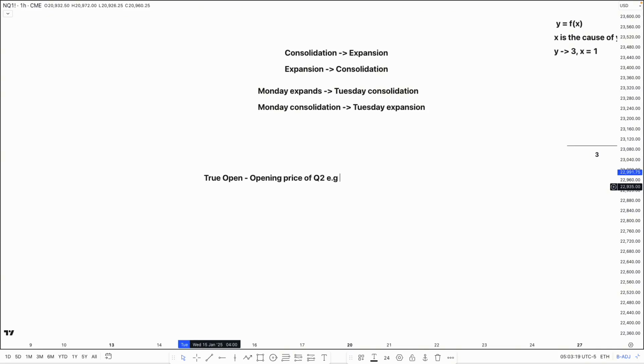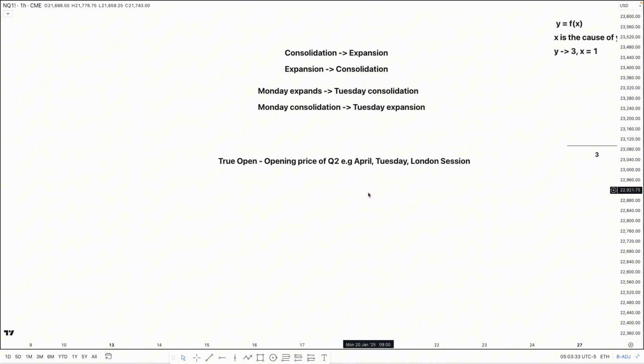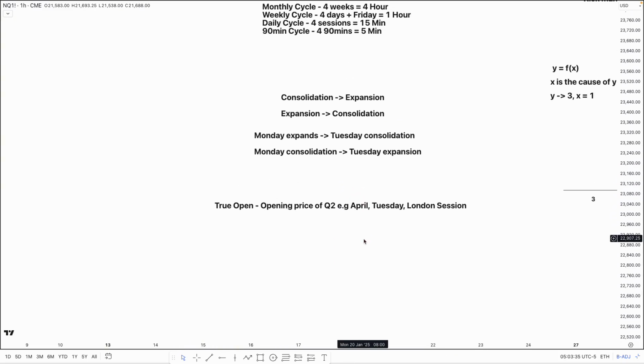So this could be the opening price of April, could be the opening price of Tuesday, or even the London session. I hope that you will understand these concepts, so I don't have to explain it too thoroughly.